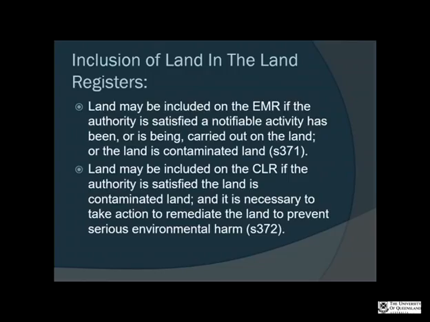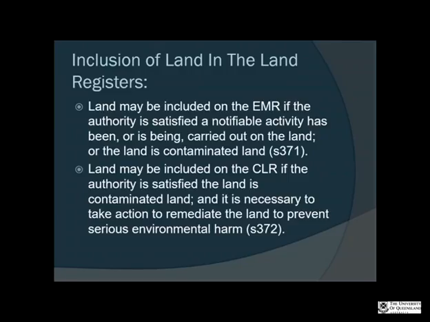So this is new. They didn't used to do this, so you would buy a property with no prior knowledge of what had happened on the site, of the level of environmental quality or otherwise of the site that you were buying.